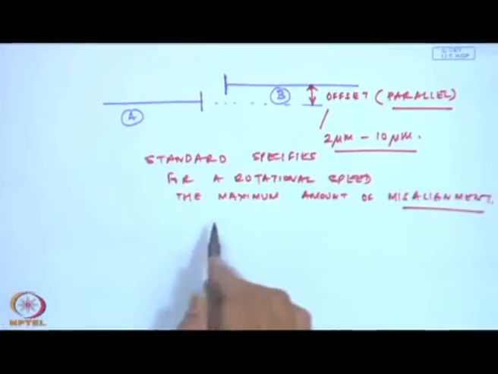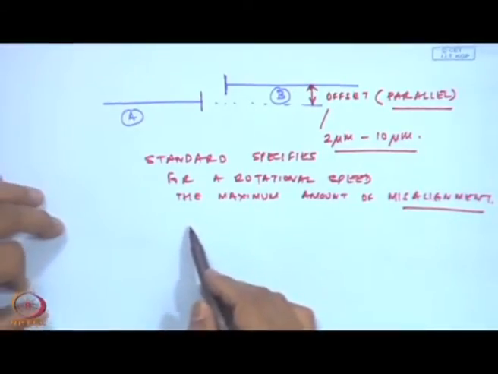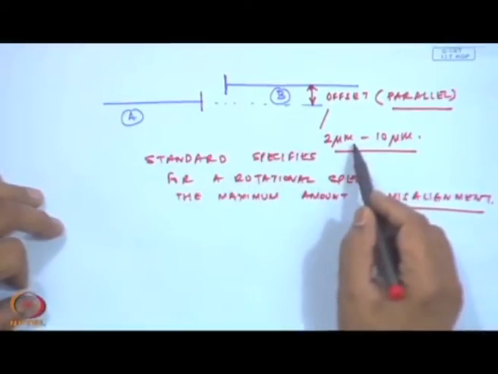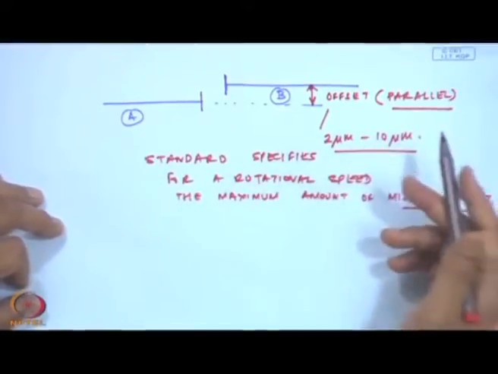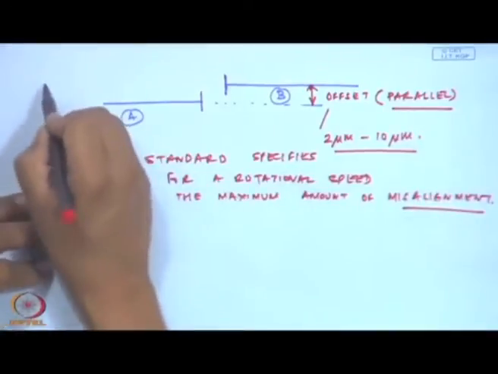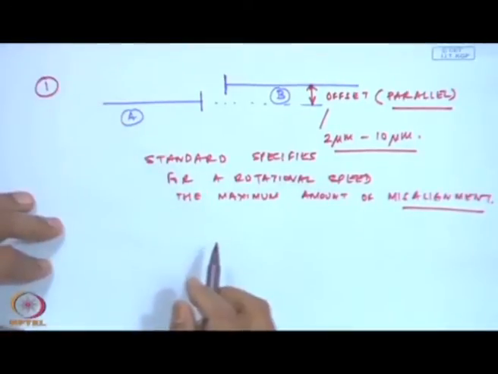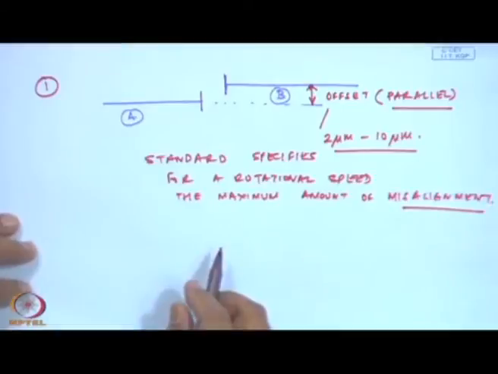So if it is 500 RPM, this will have a certain value. If it is 1500 RPM, it will be some other value, and so on. So in one case we have what is known as the parallel or offset misalignment.